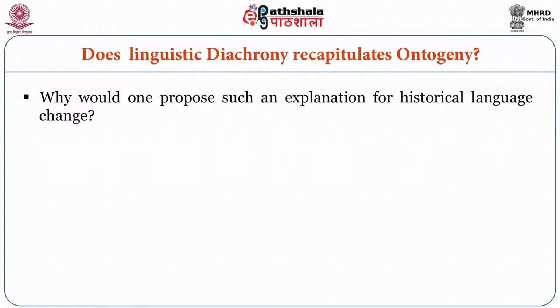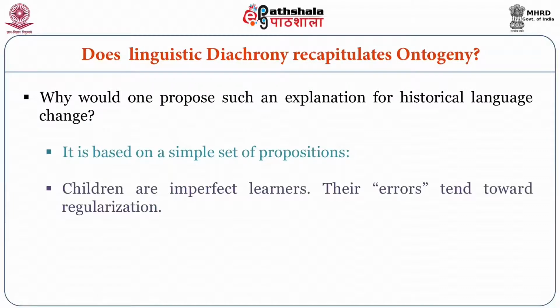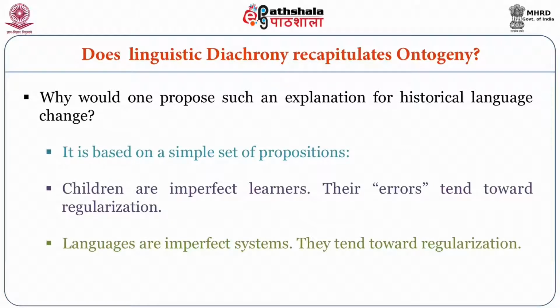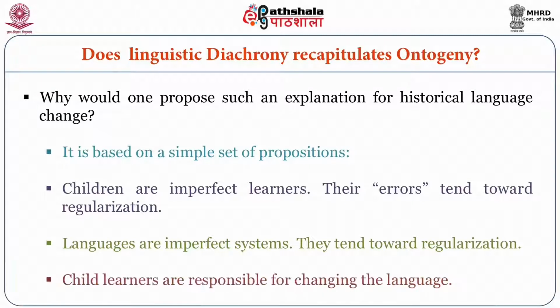Why would one propose such an explanation for historical language change? It is based on a simple set of propositions. Children are imperfect learners. Their errors tend towards regularization. Languages are imperfect systems. They tend towards regularization too. And child learners are responsible for changing the language.